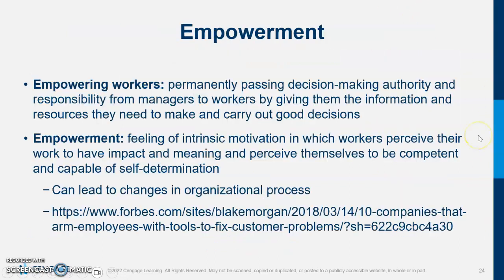One thing we have to consider is how we empower our workers. This is just allowing them to have some decision-making and authority. And obviously the amount of empowerment we give our employees is going to depend on the type of job. But it is a way to motivate people to have impact and meaning and perceive themselves to be competent and capable.